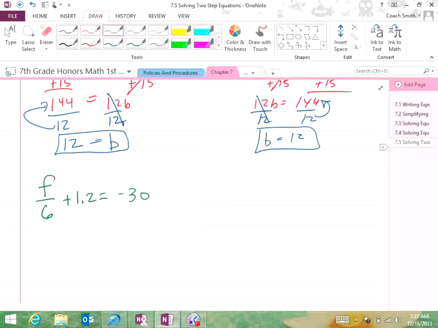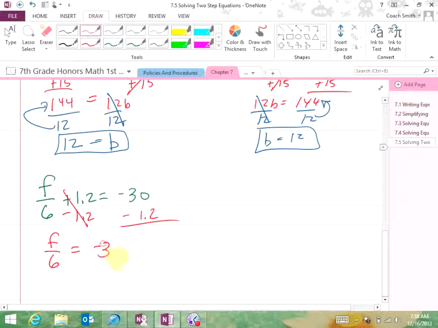What you do in each process can be a little different sometimes, but the process is always the same. So I do the inverse of addition, which is subtraction. You always do the addition and subtraction first. That cancels, and I have 1.2 over here. So that gives me f over 6 equals negative 30 minus 1.2.